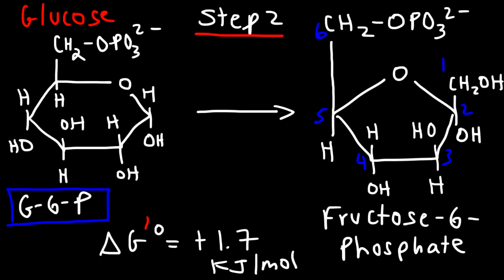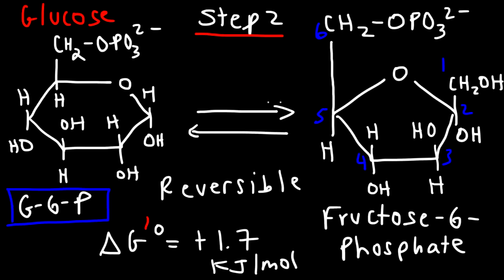Now, if we look at the magnitude of this number, it's about 10 times less than the value that was in step 1, which was 16.7. So because this is so much smaller, we're going to say that this reaction is reversible. Now this reaction is facilitated with the magnesium 2+ cofactor, so we need that as well.